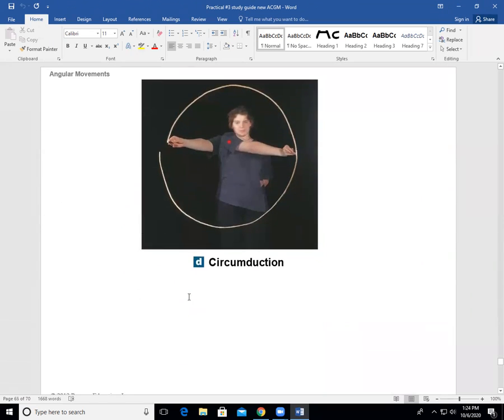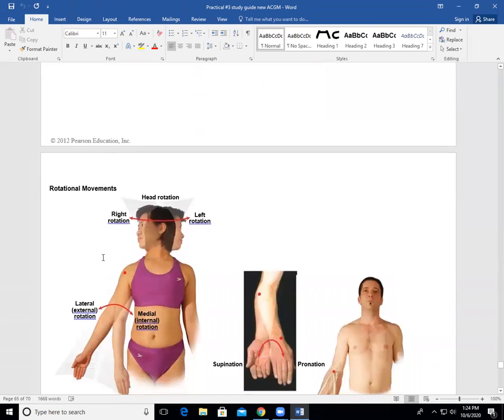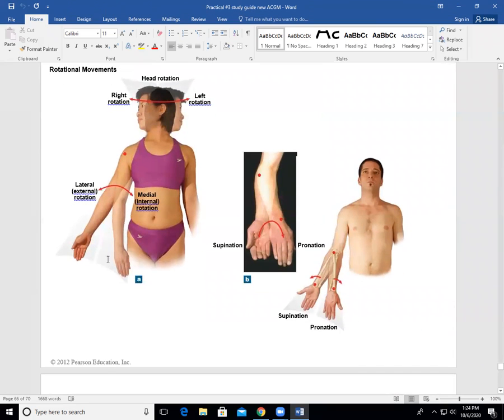Going around in a circle with your shoulder joint is circumduction. It's a combination of all of these. If you turn your head, you have some lateral rotation, same with the shoulder joint. Leaving out is lateral rotation, medial is in.